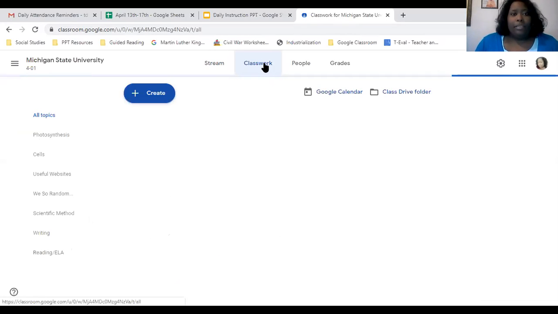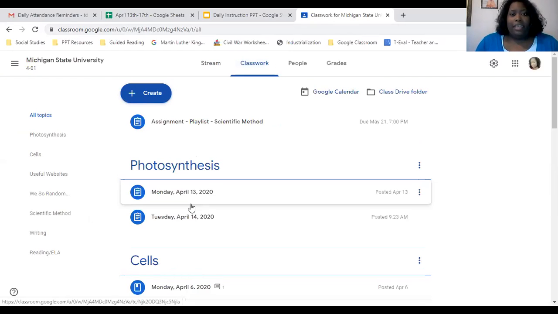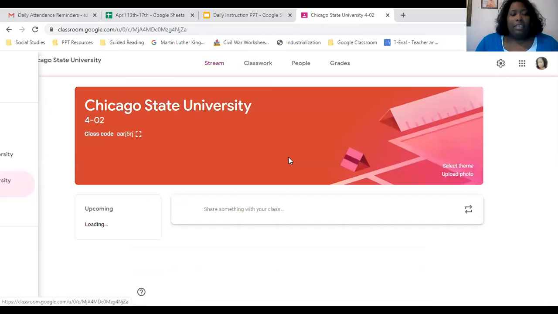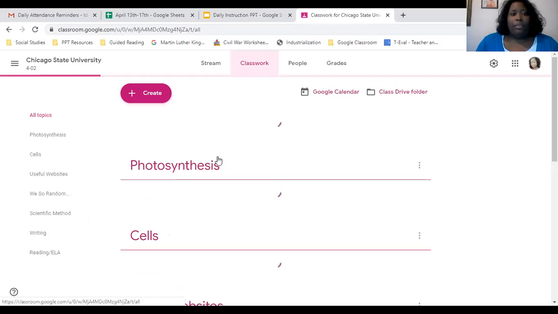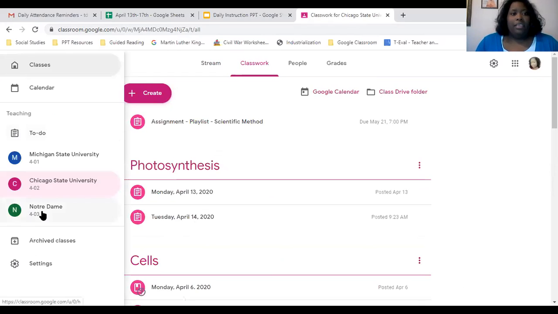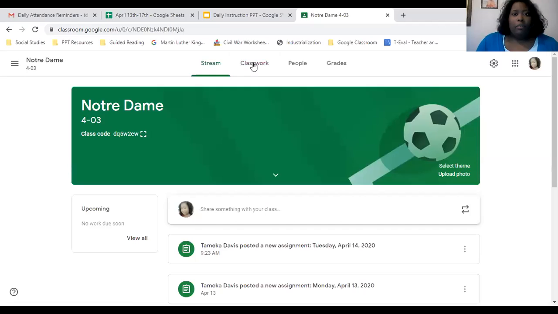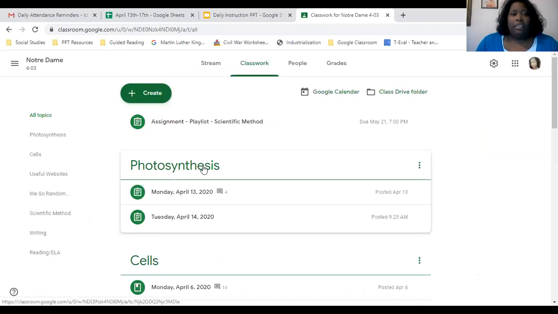From the Classwork tab, you will look for the topic photosynthesis and today's date. And it is the same in Chicago. From the Classwork tab, photosynthesis, today's date, and also Notre Dame. From the Classwork tab, photosynthesis is a topic and today's date.